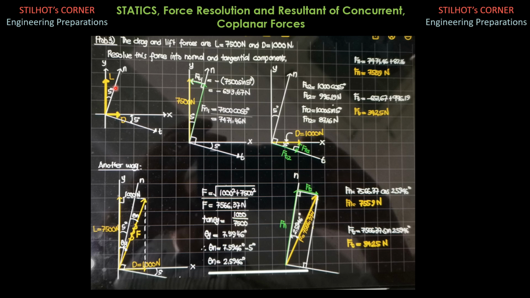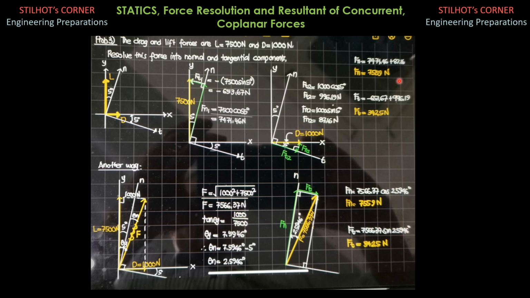Finally, we now compute the normal components of these forces, or the resultant is just the resultant between the lift force and the drag force. So it is normal Fn1 7471.46 plus Fn2 87.16.